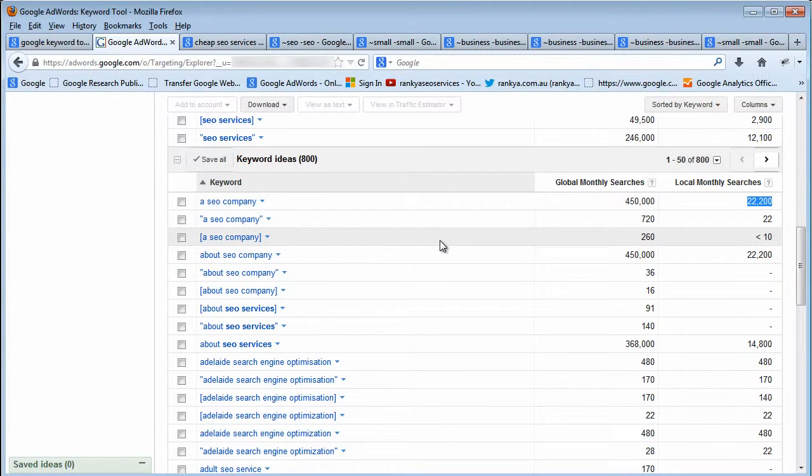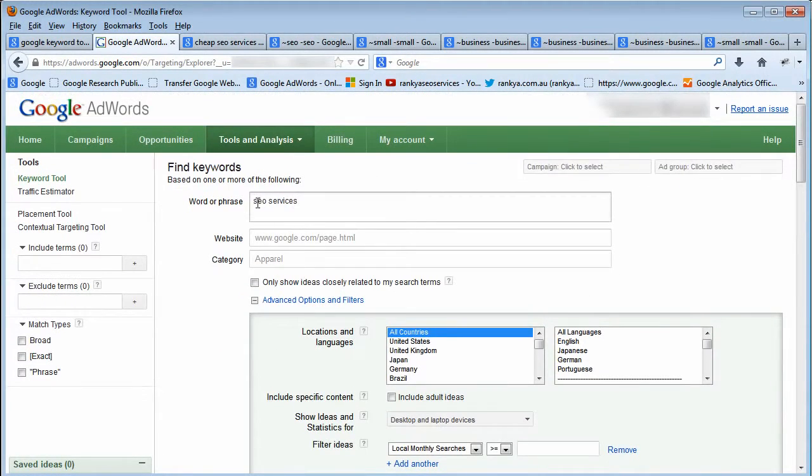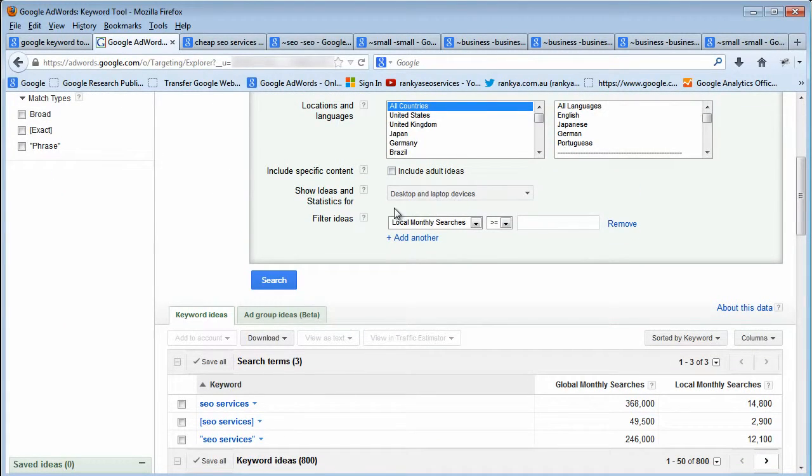No, type your words, different ones related to your industry, expand them, conduct different filters on them. Choose mobile devices, whether you target mobile devices or not, iPads or smartphones and so on.